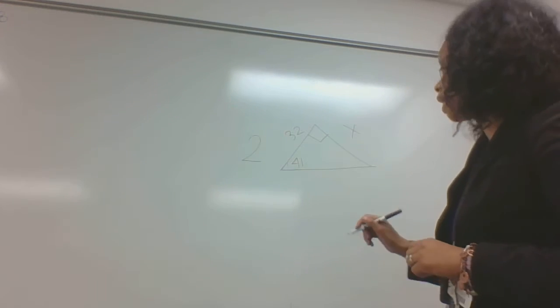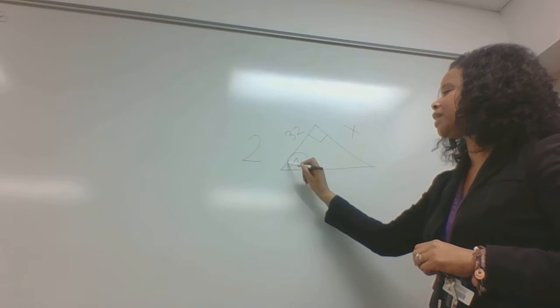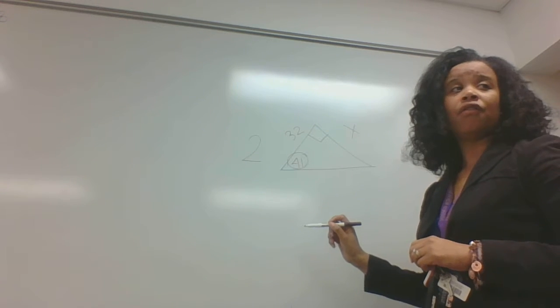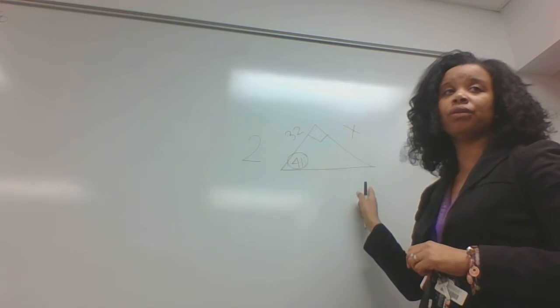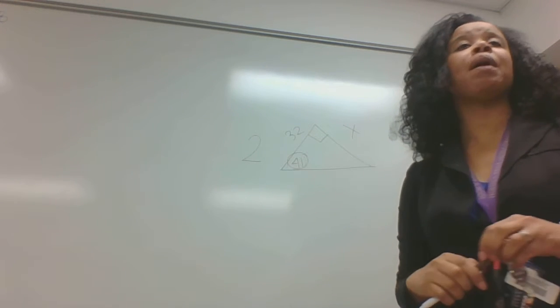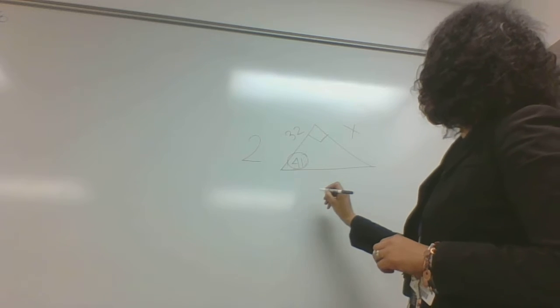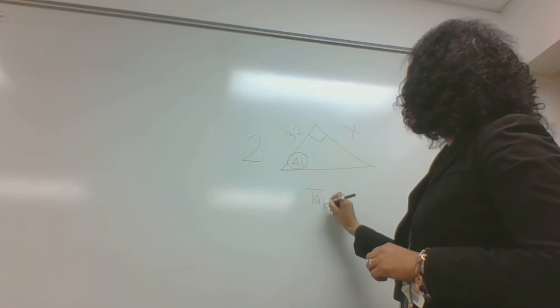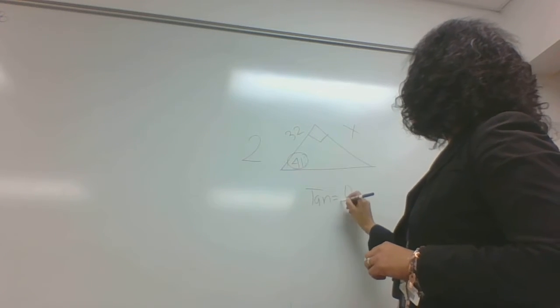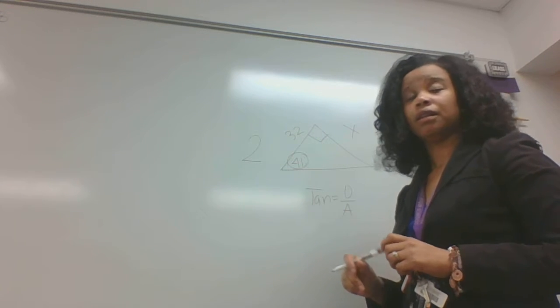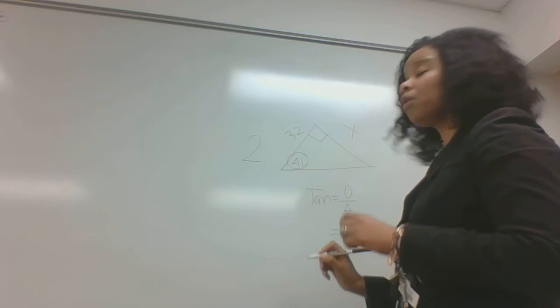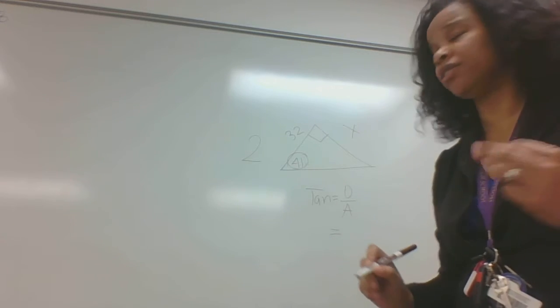Okay, tangent. That is correct. How did I know it was tangent? First of all, I don't have the hypotenuse. So if I don't have the hypotenuse, I know I must use tangent, because tangent is opposite over adjacent, if we're only choosing from sine, cosine, and tangent.